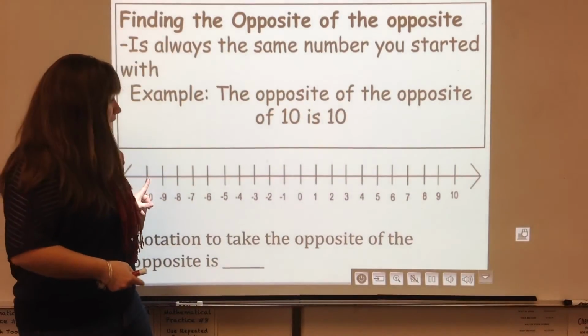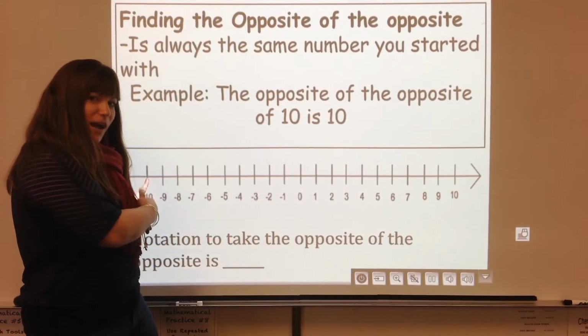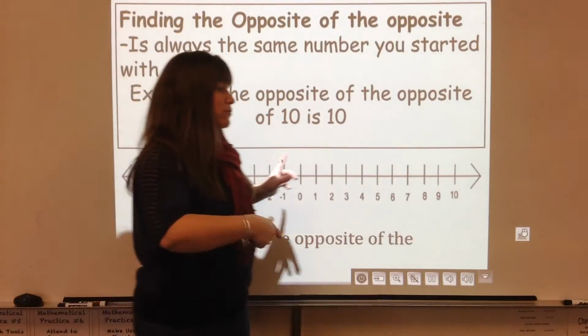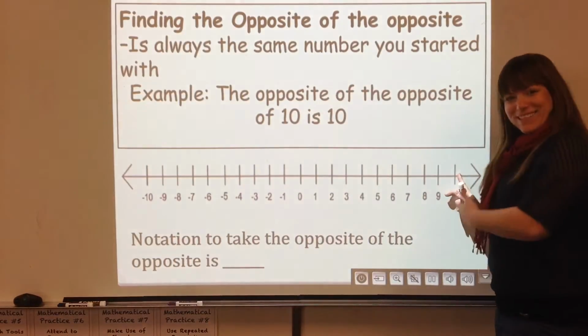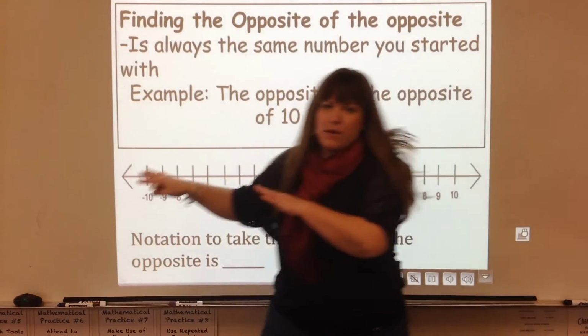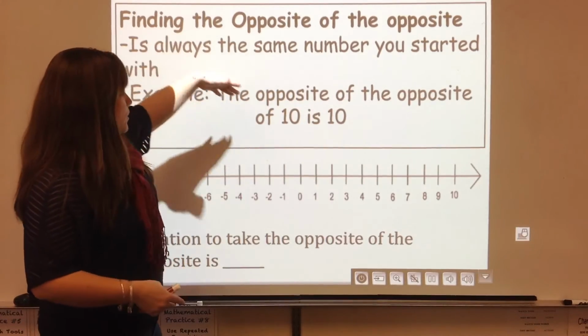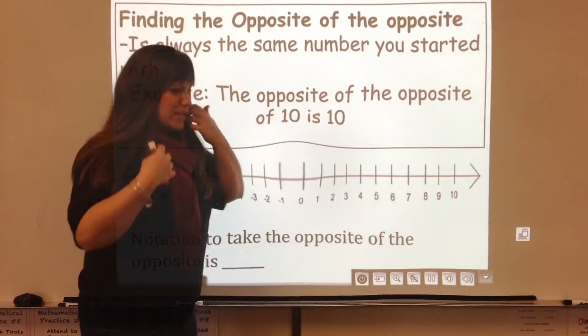Then, once you're at negative 10, you have to find the opposite of this, which is right back where you started at 10. So it's a lot of going back and forth, but finding the opposite of the opposite will give you the number that you started with. That's really the biggest idea.